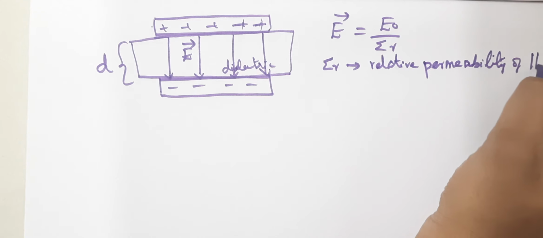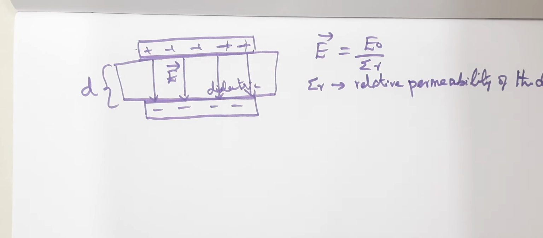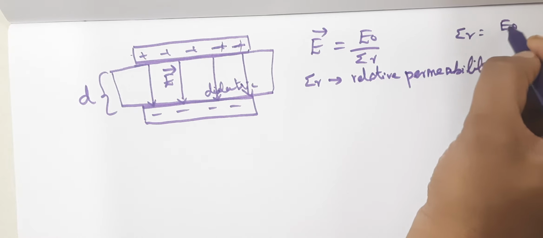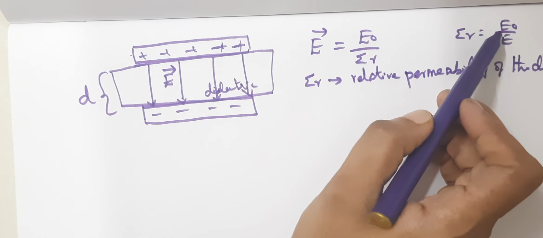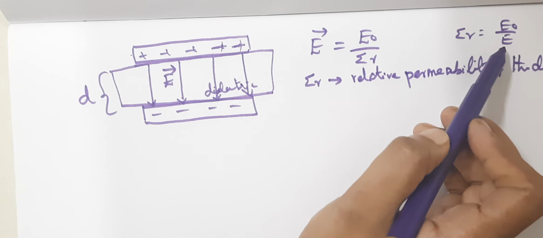This you may have learned in the previous classes. Already we know epsilon r is equal to E0 by E, that is the ratio of electric field without dielectric to the electric field with the dielectric.